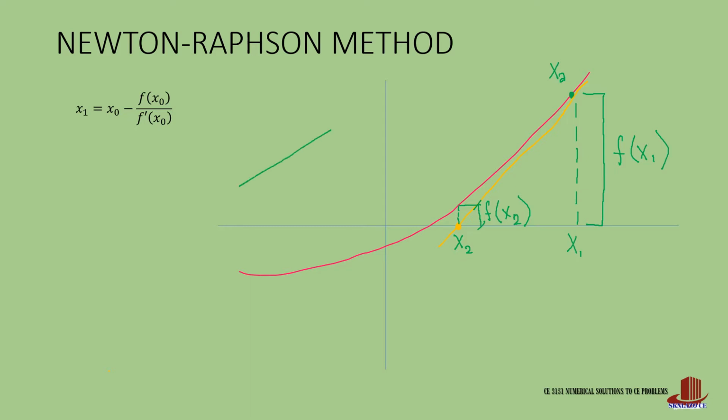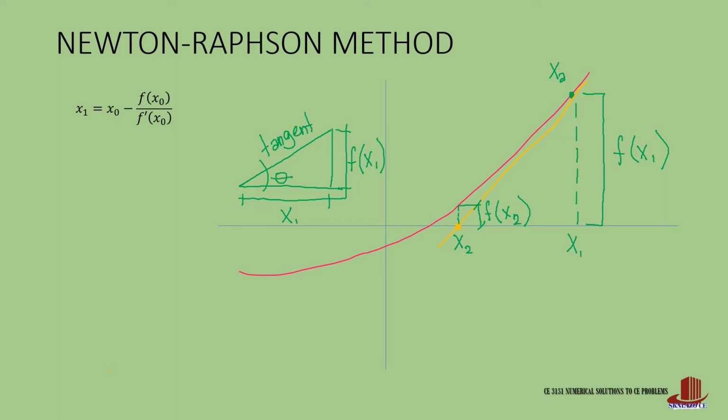So let's say that we do have this as our tangent line. If this is our x sub 1 or f of x sub 1, and this length is taken as your x sub 1, try to get tangent of theta.